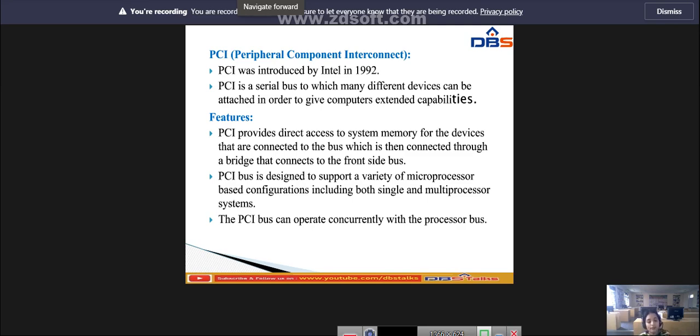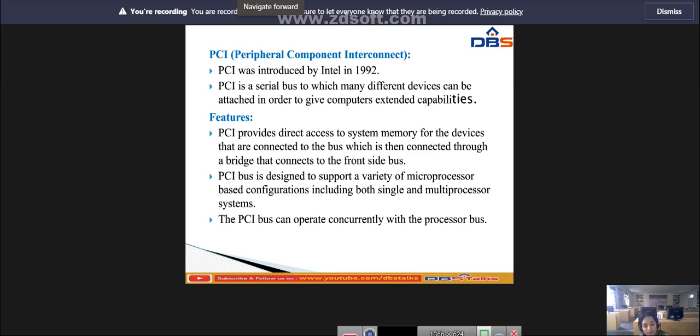The CPU can be processing data in external cache while the PCI bus is busy transferring information between other parts of the system. PCI makes use of synchronous timing and a centralized arbitration scheme. This configuration allows higher performance without slowing down the processor.